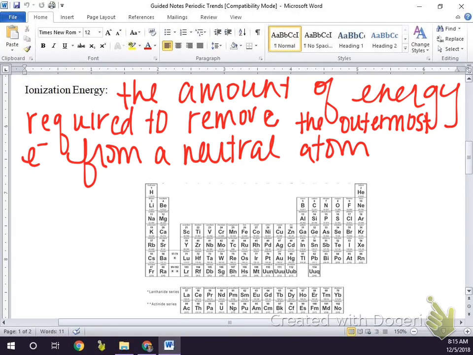Okay, the amount of energy required to remove the outermost electron from a neutral atom.